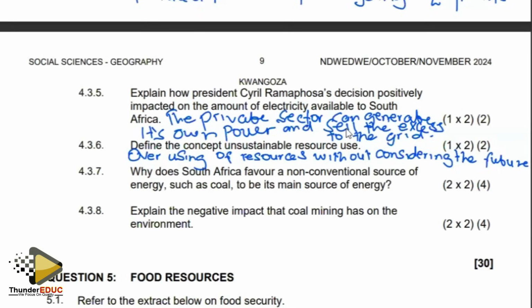Why does South Africa favor a non-conventional source of energy such as coal to be its main resource? Why?